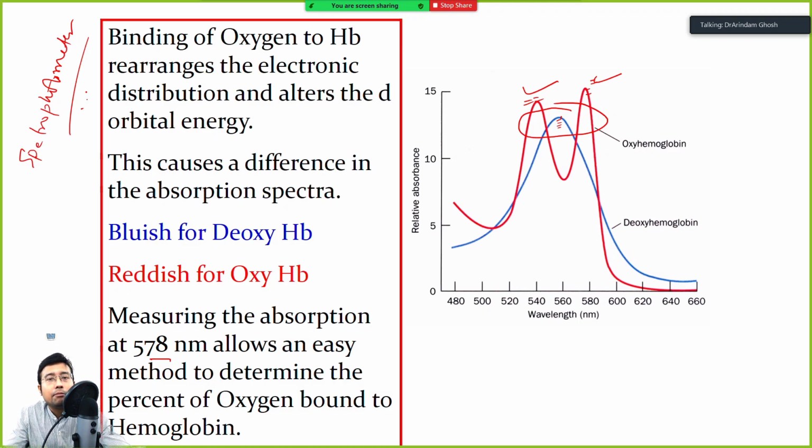Likewise, in measurement, if you send a single color of light, the determination of absorbance is much easier. So we use a spectrophotometer and we send 578 nanometer of light. To measure the absorption at 578 nanometer, you need to set the spectrophotometer at 578 nanometer. You need to put in the blood sample and see the absorbance.